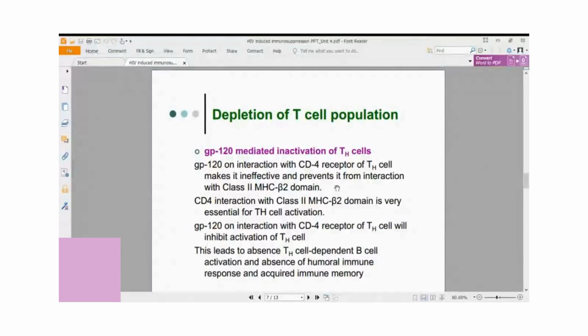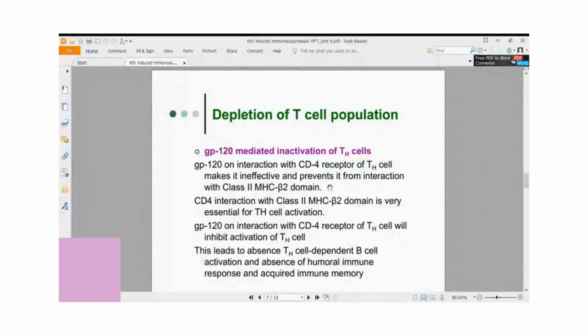Now you imagine a situation here, as and when the TH cells are produced, they are supposed to get activated by the antigen. But on the contrary, because of the GP120 being there, which is binding to the CD4 receptor, it will prevent that CD4 receptor from binding to the beta 2 domain. That will make that TH cell useless.